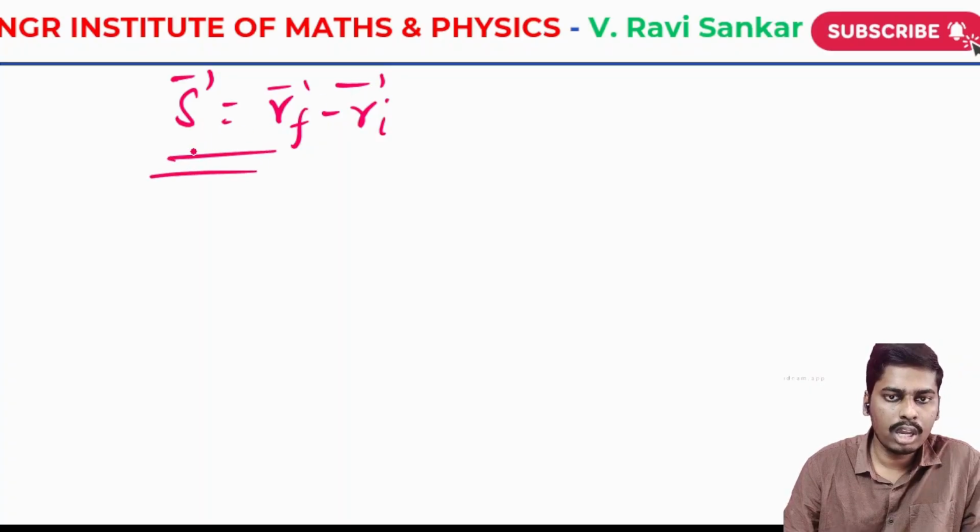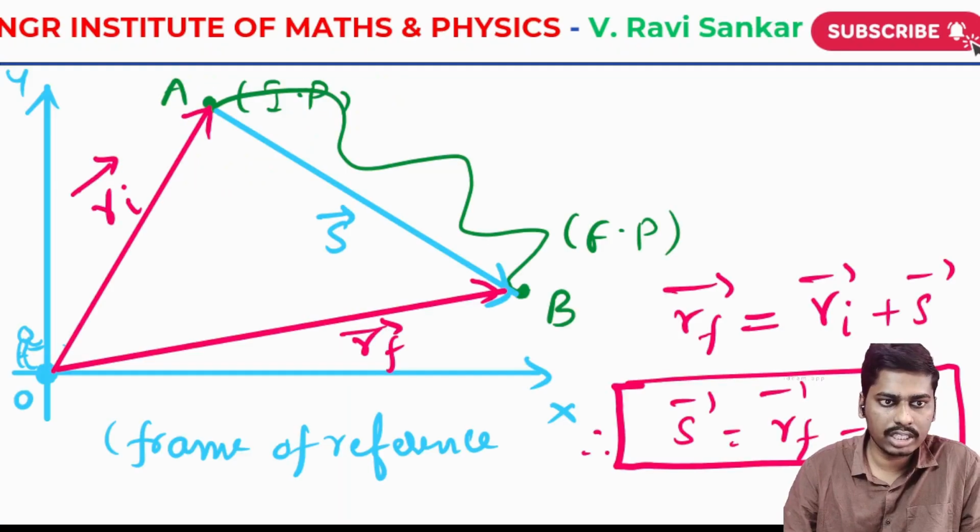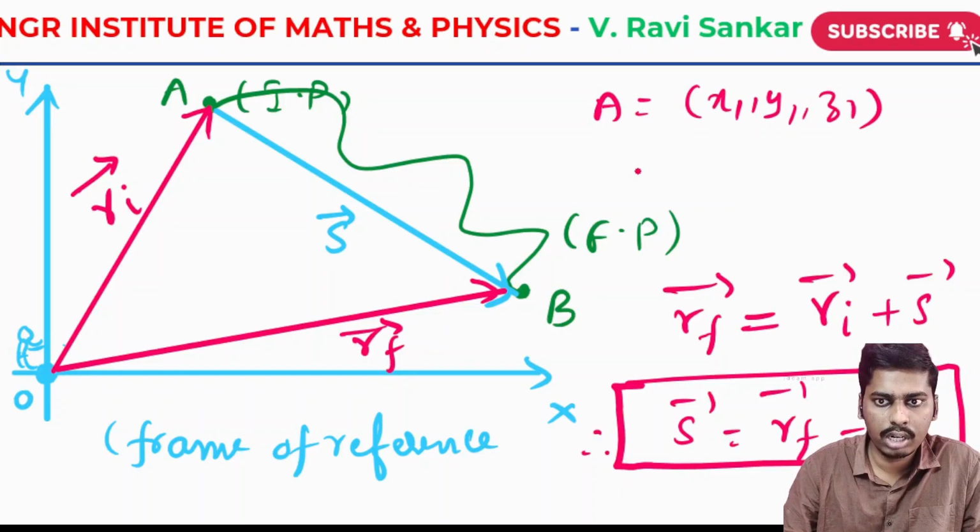Okay. And suppose this point A has coordinates x1, y1, z1, and point B has coordinates x2, y2, z2.